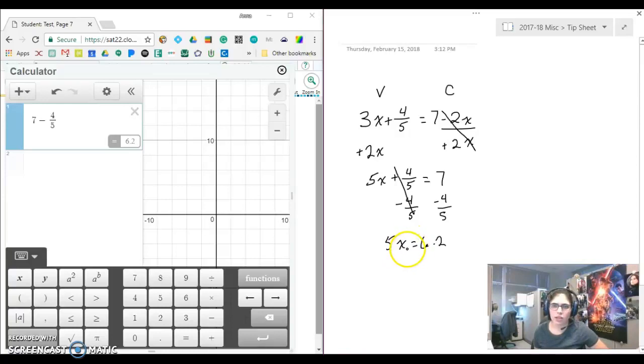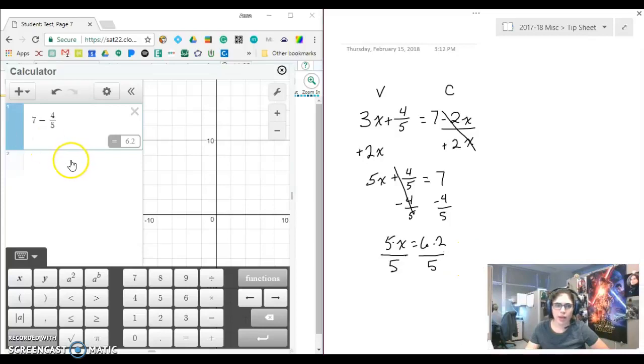And then I need to use opposite operations to, for my final step, cancel out anything that's not x. So over on the left I have 5 times x. 5x means 5 times x. So I'm going to use opposite operations, just like I did to cancel out addition and subtraction. I'm going to cancel out that 5 times x by doing the opposite operation and dividing both sides by 5.